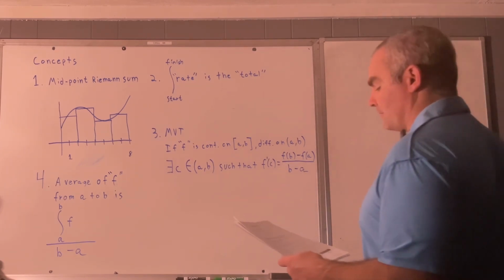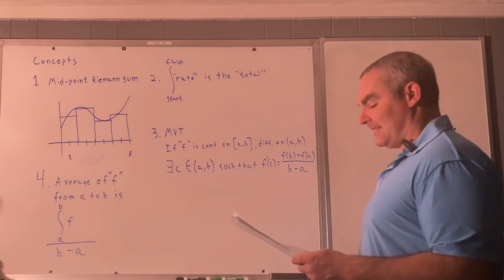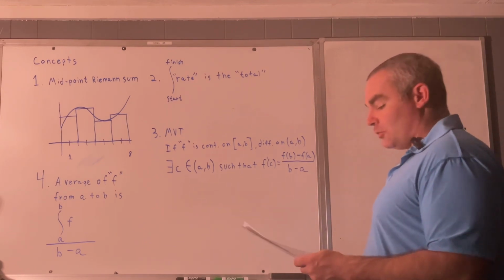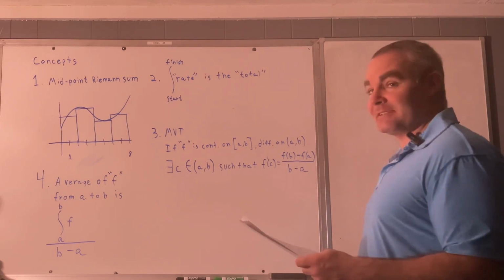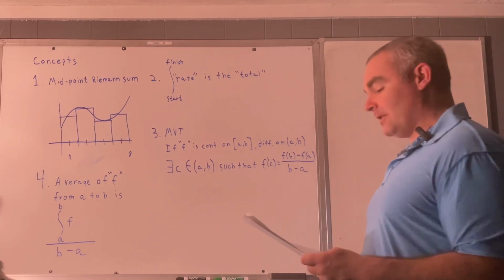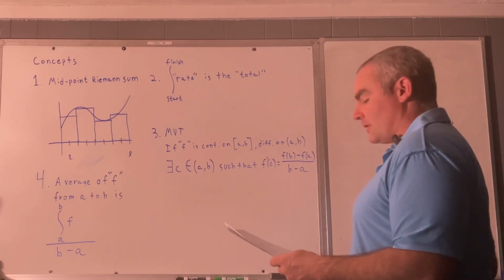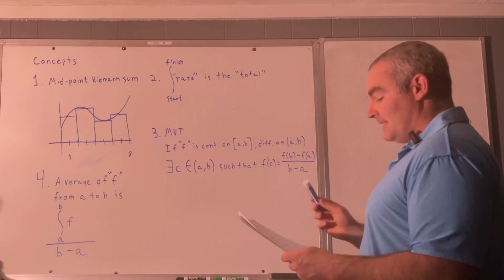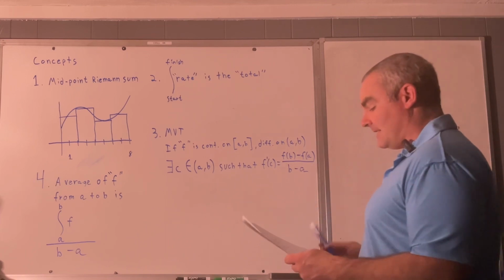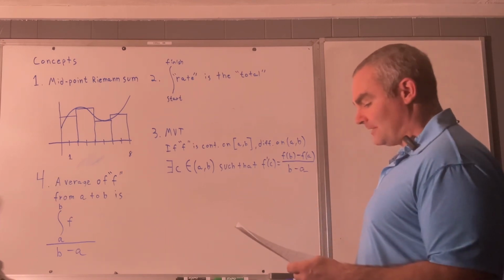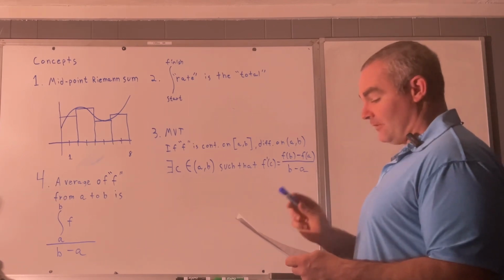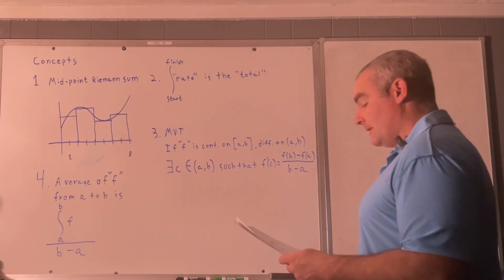Our t is going from 0 to 24, so dividing that into 4 subdivisions would be a length of 6, and they're all of equal length. If we have the intervals 0 to 6, 6 to 12, 12 to 18, and 18 to 24, our midpoints would be 3, 9, 15, and 21.